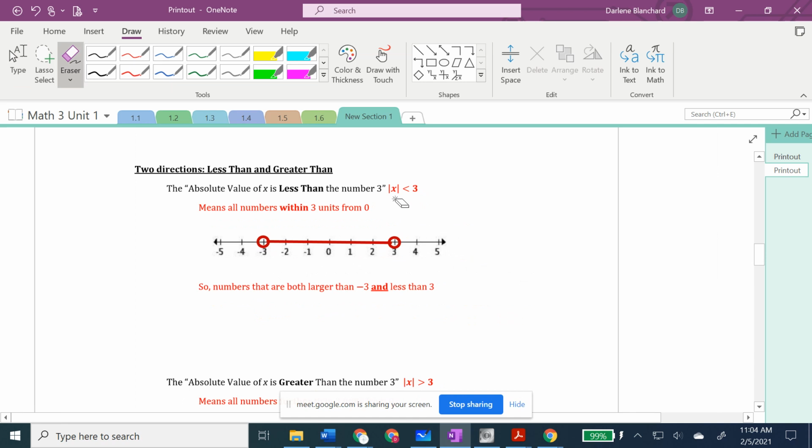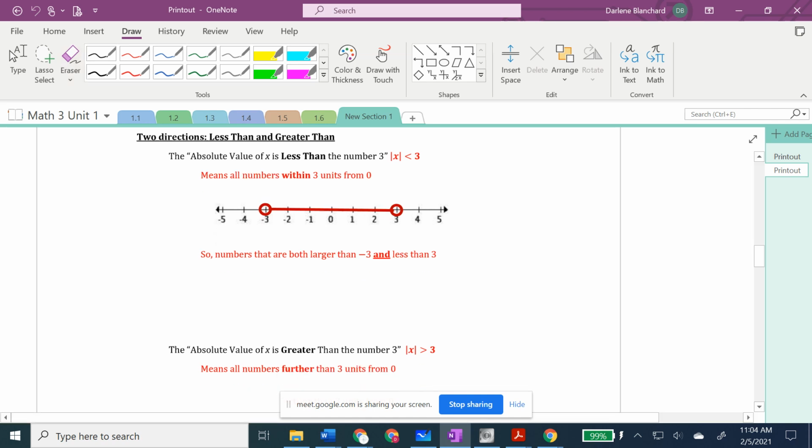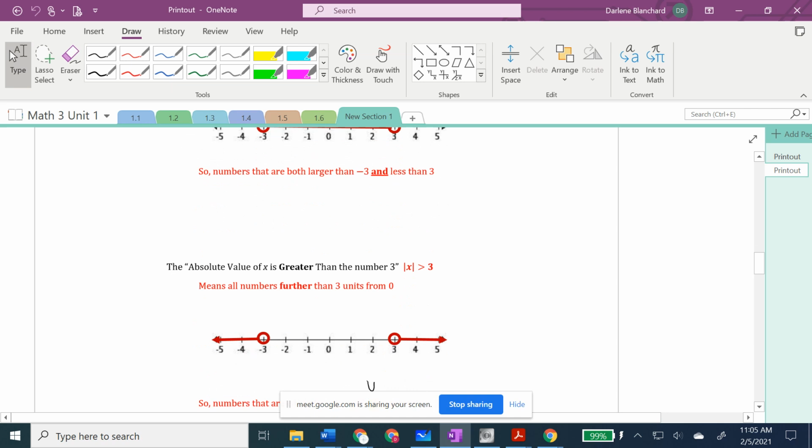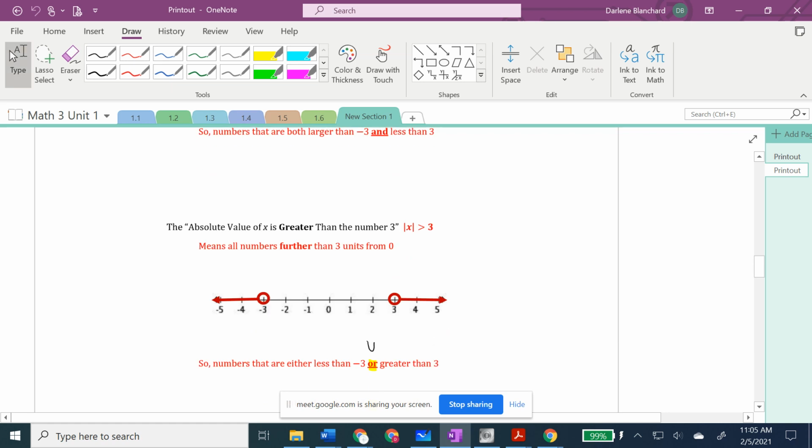An absolute value that's less than means that you're within a distance, but greater than in an absolute value means that you are further than that number in distance from 0. And that might help with remembering which one is which.